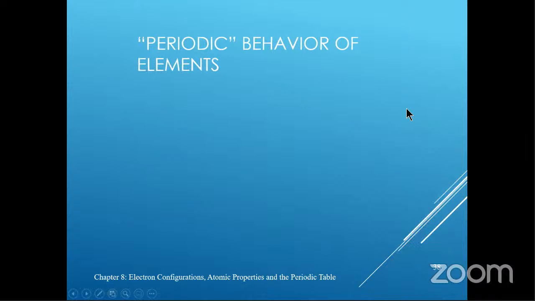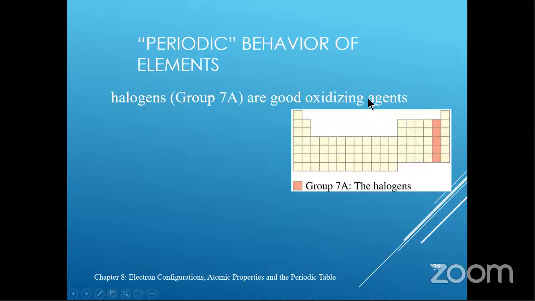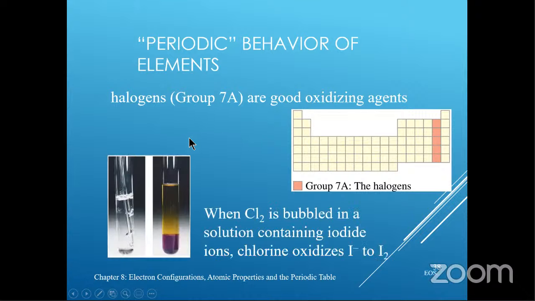Okay, what else? Group 7. These elements are known as halogens, and one characteristic of them is that they're good oxidizing agents, right? And if you look at the oxidizing power of these different elements, what you'll find is that the oxidizing power increases as you go up the group, right?